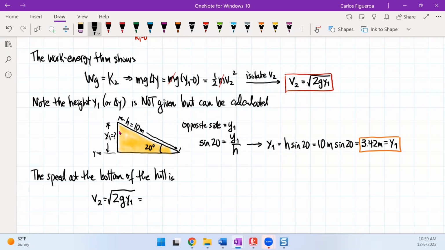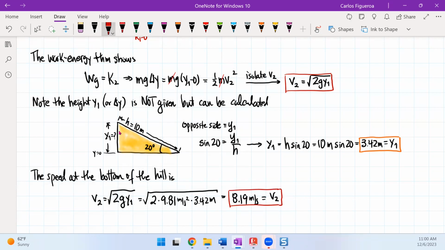Plugging in my numbers, 2 times 9.81 times the height, which is 3.42 meters, square rooted, and I get a value of 8.19 meters per second, and that's the speed at 2. So that is what we have. Now let's go to part C.